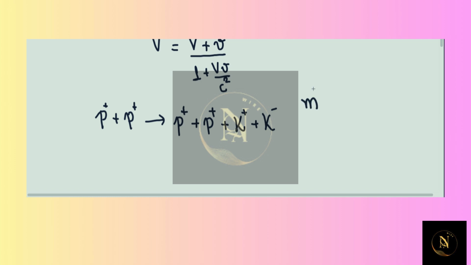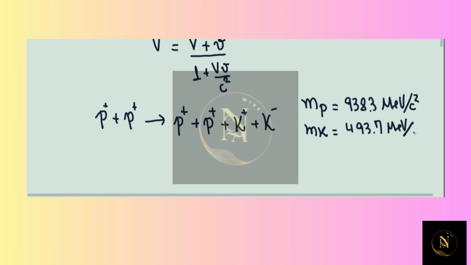And we need to remember that the mass of the proton is 938.3 megaelectron volts per c squared, while the mass of the kaon is 493.7 megaelectron volts per c squared.